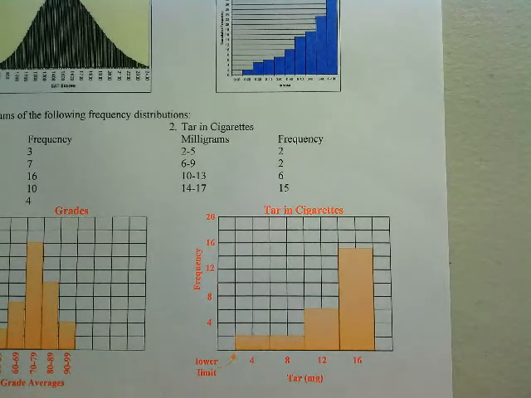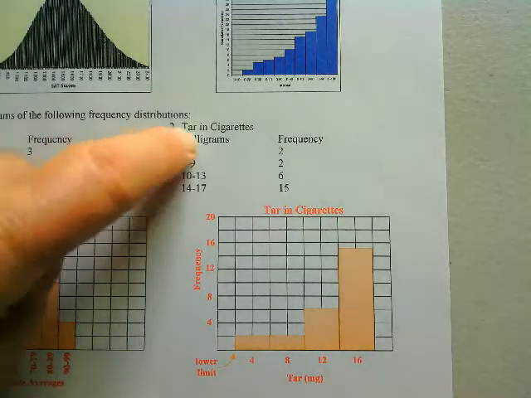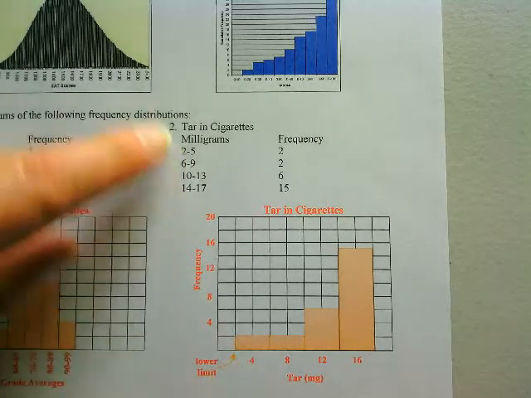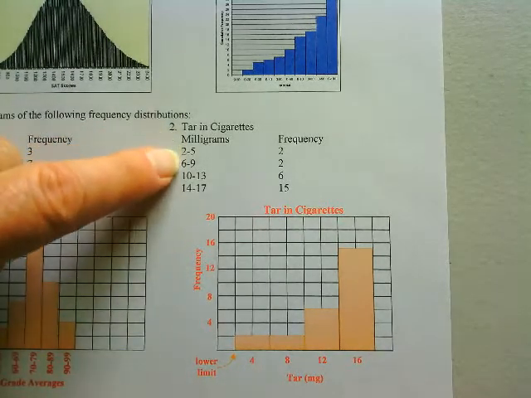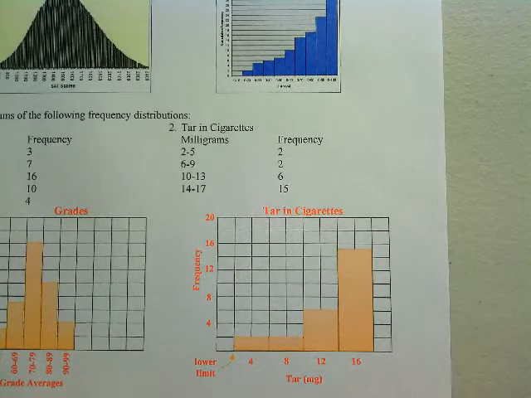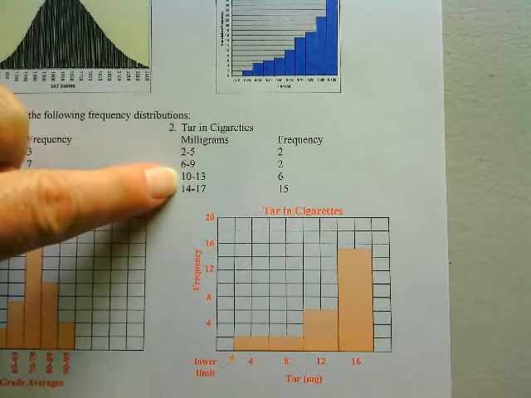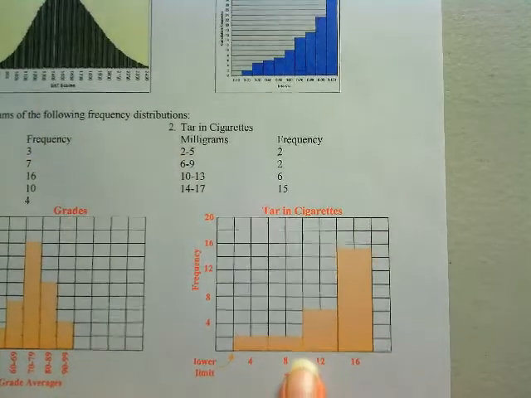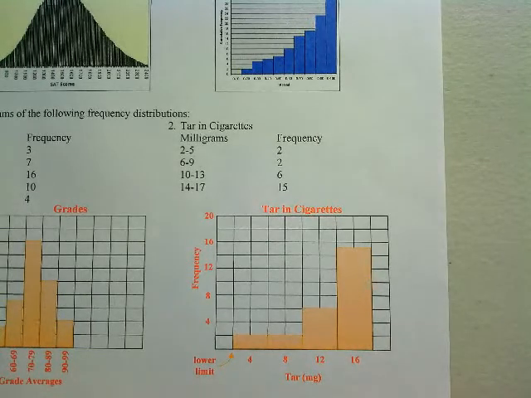A couple of things to note is, first off, I used the lower class limits for my lines. So really, the first one starts at 2, the second one starts at 6. So 2, 4, 6, that's where the second group started. The third group starts at 10, so that's where the third group started.